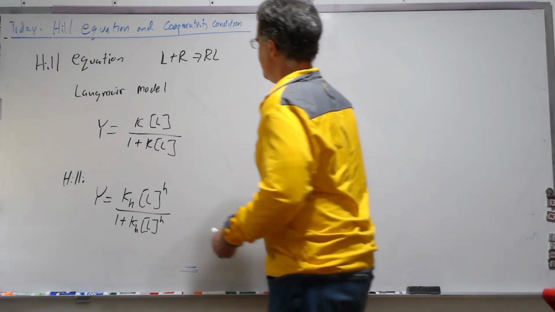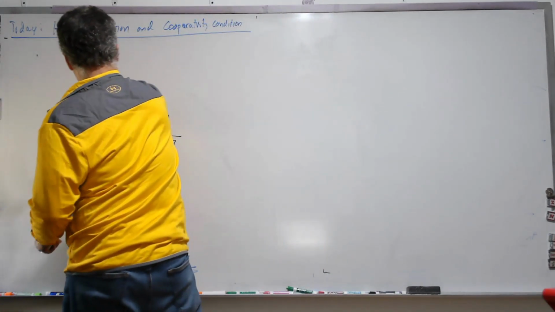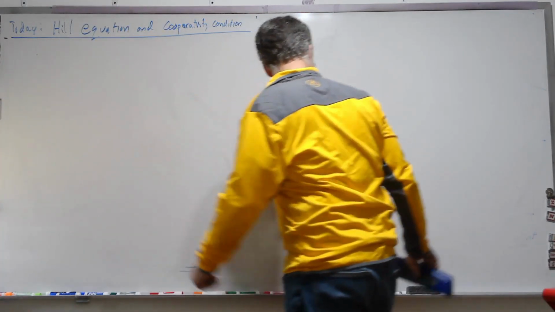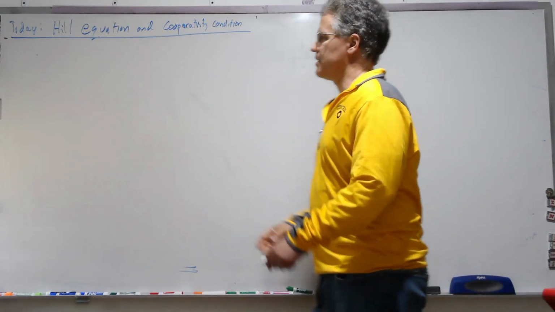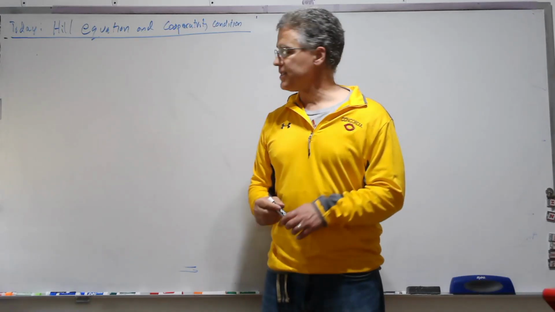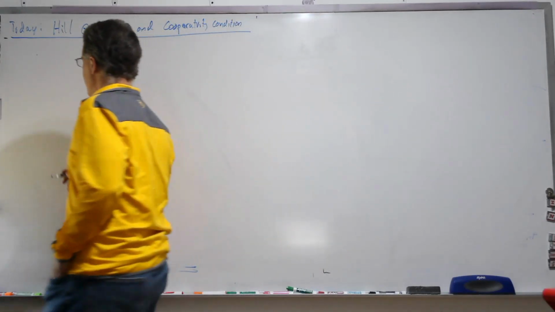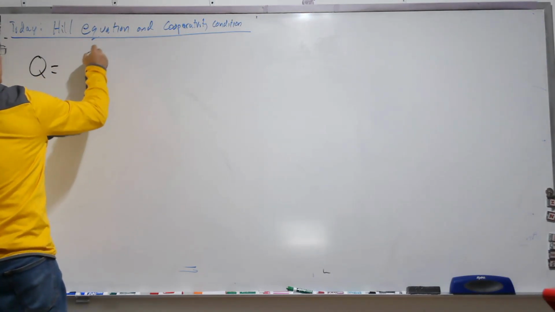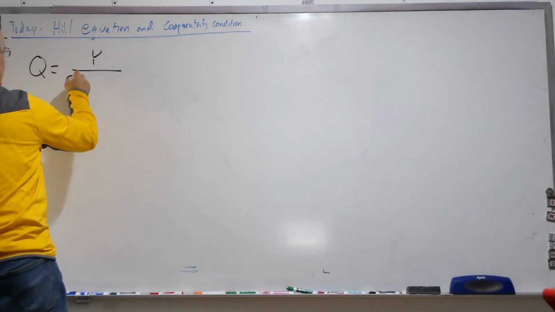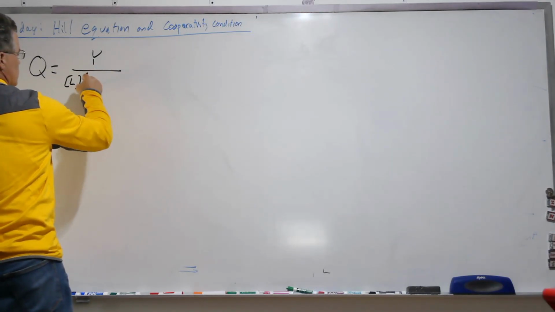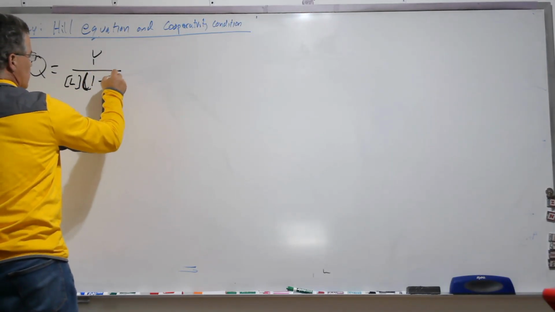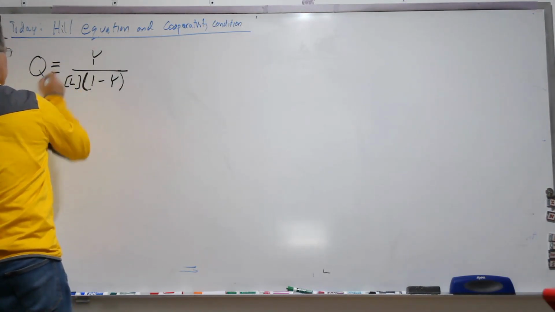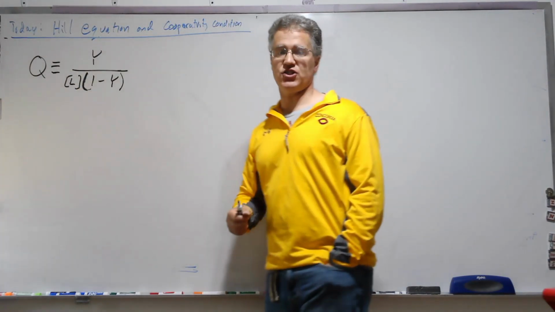All right, well, how do we determine how cooperative something is? Well, there is a condition for that. If we define Q to be Y over L times 1 minus Y, we'll just make this definition.